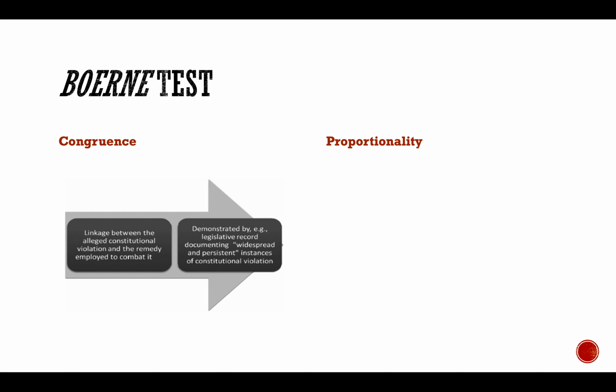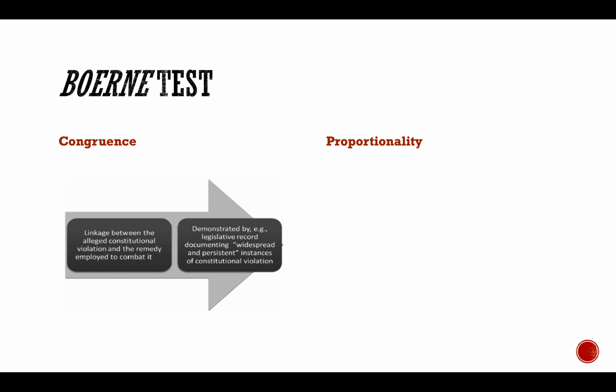They should be able to demonstrate it by some of these ways listed here. There should be a legislative record documenting widespread and persistent instances of constitutional violation. Garrett will mention that phrase. So in identifying the wrong to be remedied, the court here in Garrett seems to require a lot of Congress. There must be a well-supported legislative record, and we'll look at how this gets applied in this case in just a moment.